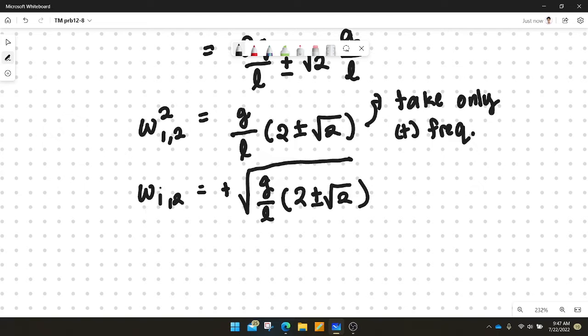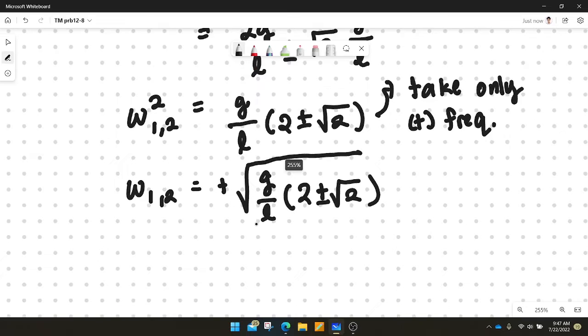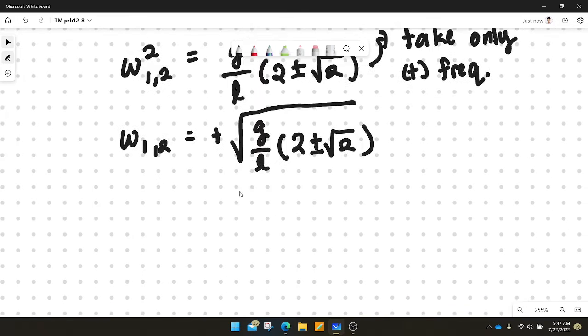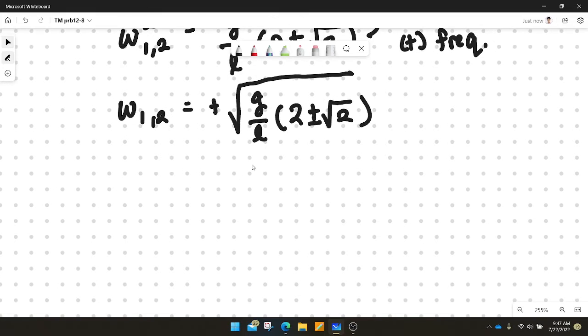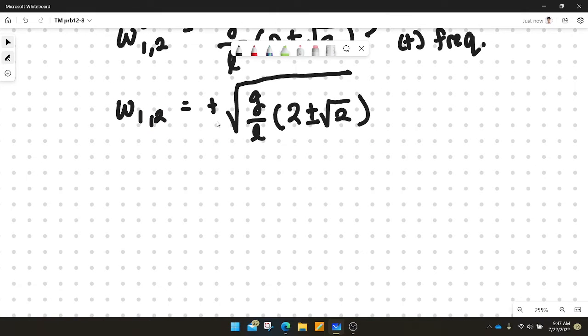These are the natural frequencies, these are the eigenvalues to the eigenproblem in coupled oscillations.